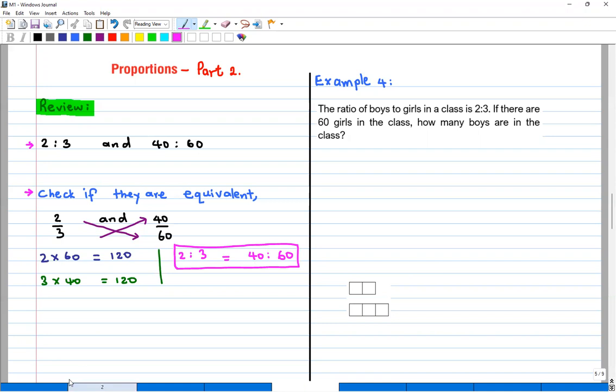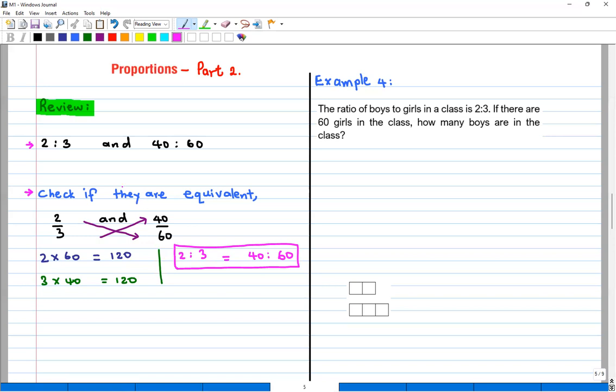So, a proportion is an equation that shows the equivalence of two ratios. Now, we use this kind of equivalence to find the missing parts in a ratio.